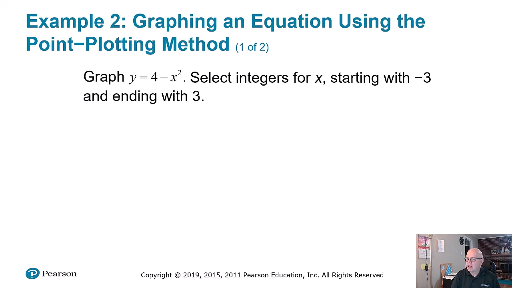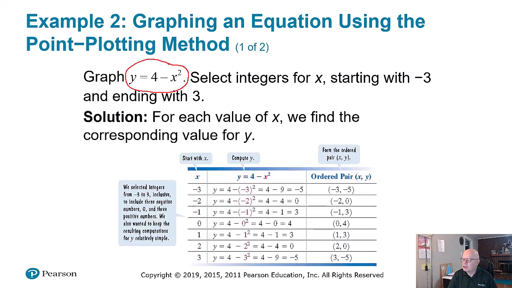So here's an example. We've got an equation, y equals 4 minus x squared. Pick the integers you want to start with, the ones that will be x. For example, you might choose -3 through +3. Put those x values in one column, the first column normally, and the equation is going to tell you how you get the second coordinate for each of those points.